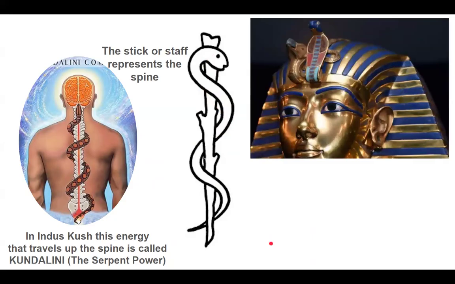Here on the top of the kings and queens of Egypt, you'll find a serpent coming out of their forehead. This is the same serpent that we talked about in Indus Kush that goes up the spine and then protrudes out as the third eye, the ability to see. And notice that there's two emblems on this head.